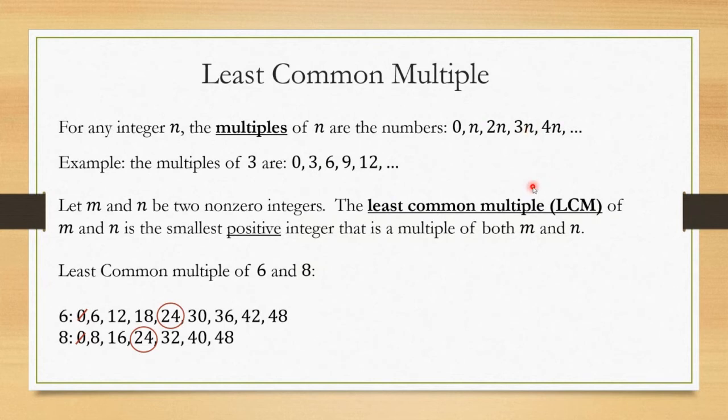So for instance, the multiples of 3 are 0, 3, 6, 9, 12: 0 times 3, 1 times 3, which is just 3 itself, 2 times 3, 3 times 3, 4 times 3, and so on.